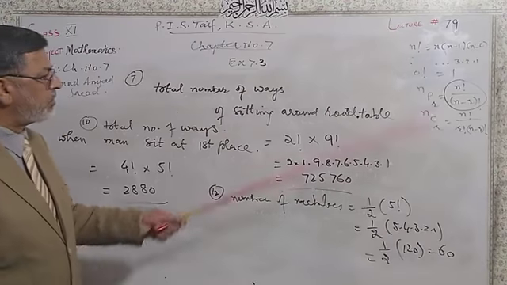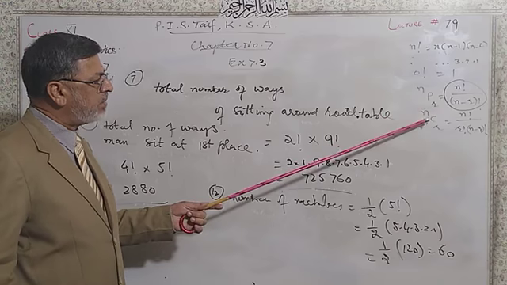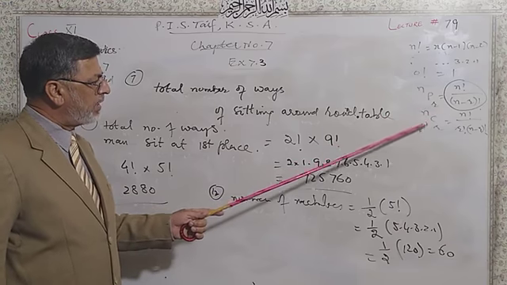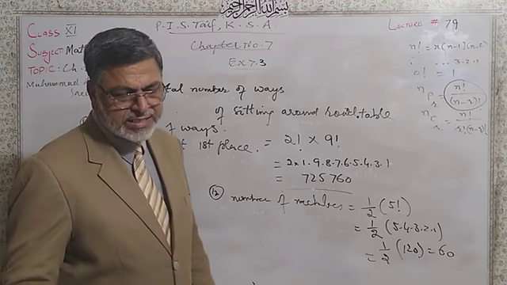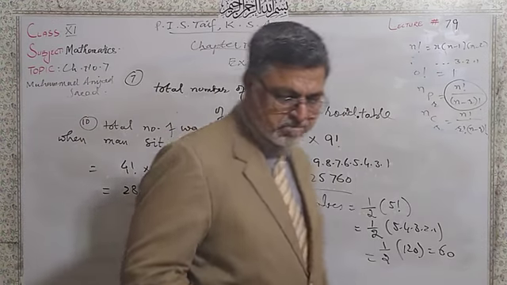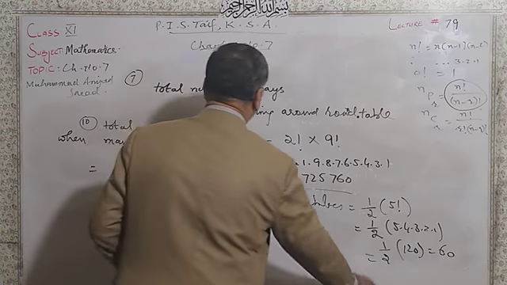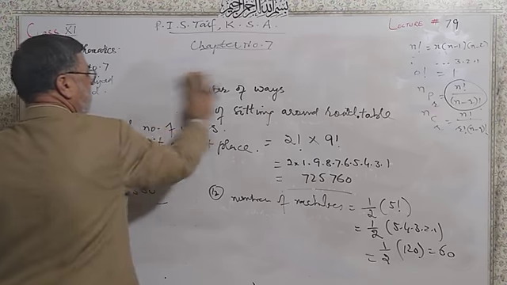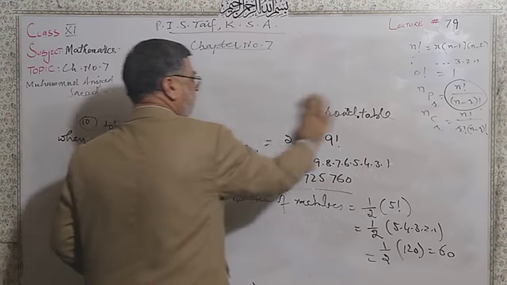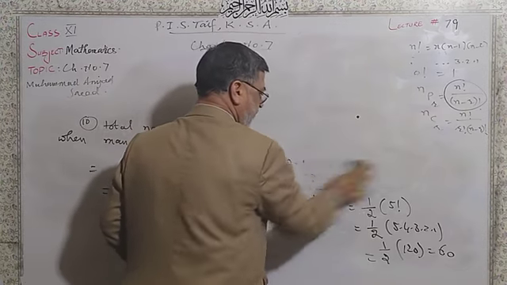This is combination, I told you already, nCr, this combination. n factorial over r factorial into n minus r factorial. This is the formula. Here we can have exercise 7.4. We can start now. With this formula we can start.